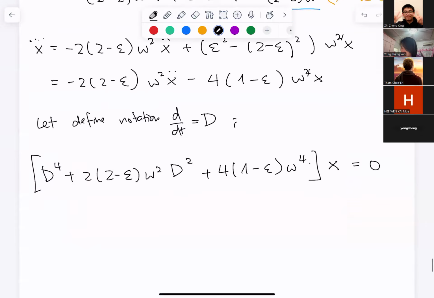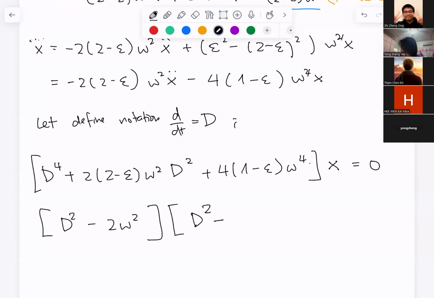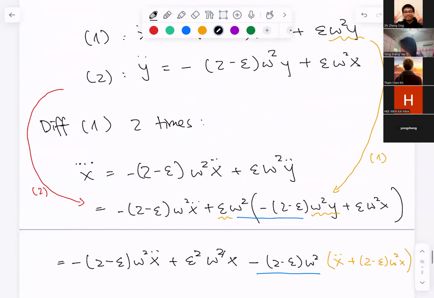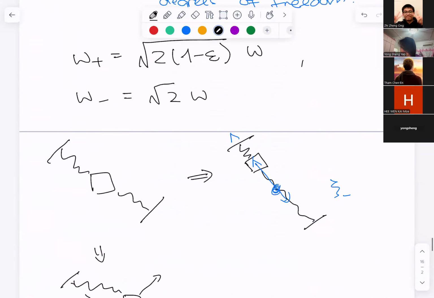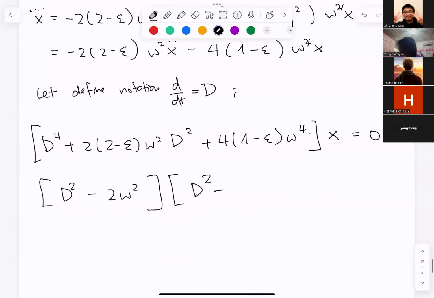So one thing you can find is that you can factorize this into d squared minus I think it's 2 omega squared, and d squared minus 2 1 minus epsilon omega squared x equals 0.